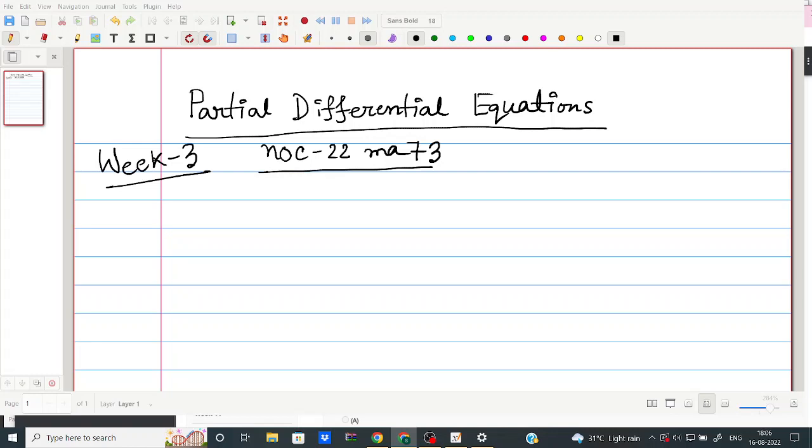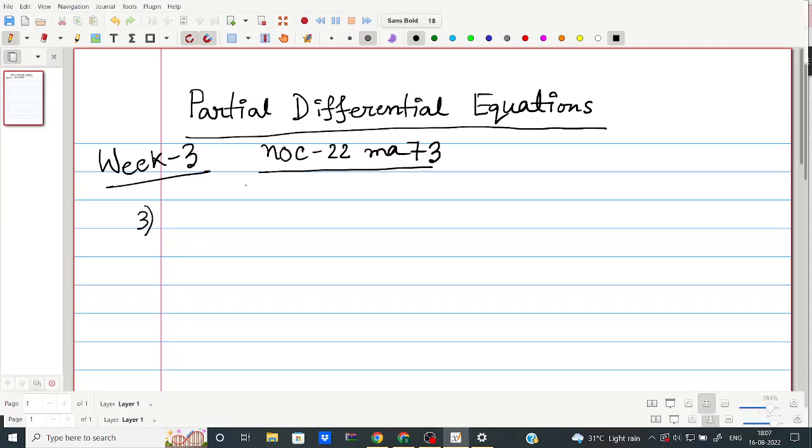So I am writing the differential equation and then the families. For question number 3, the equation is given by ux square plus uy equal to 1.